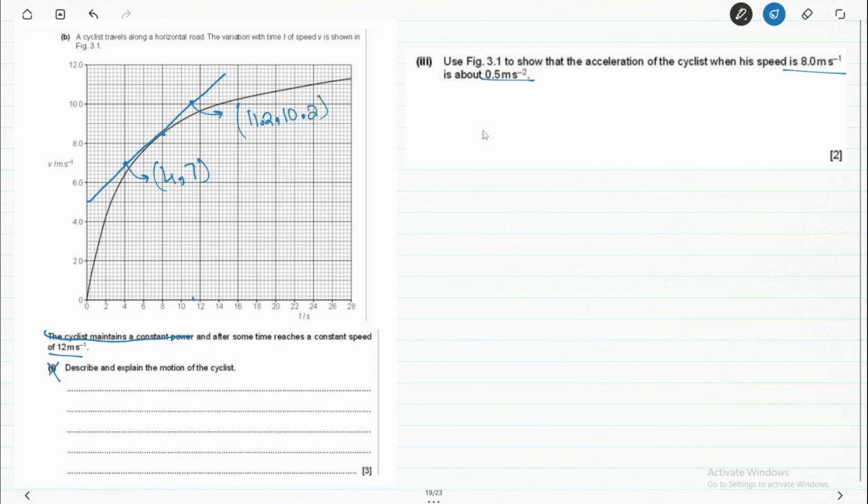So let's just see if I get a close enough answer. If my answer is close enough, I'm fine with that because this is not a straight line. Yeah, so I got the answer 0.45, which is close enough. If you draw a straight tangent, you'll get a better answer. So let's just move on.